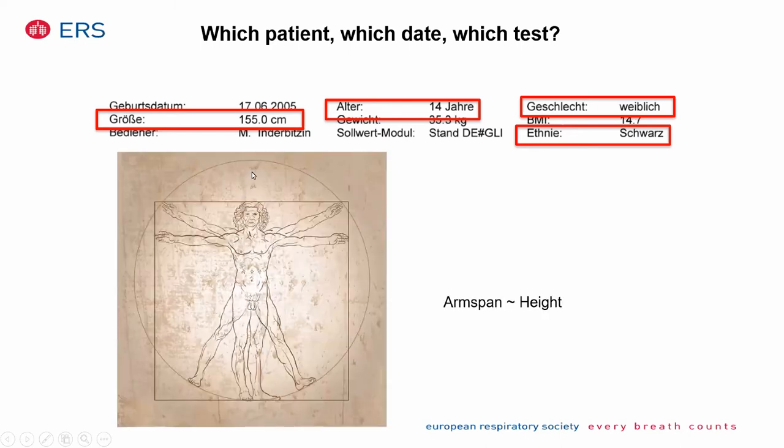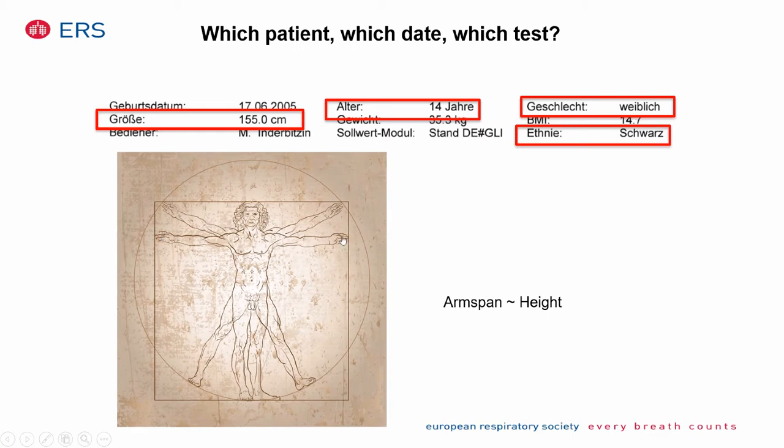If your patient is not able to walk anymore, like in a neuromuscular disease, then it's difficult to use the height because you cannot really have a standing height. What you can then use as a surrogate marker is the arm span, because you see on this picture of Leonardo da Vinci that it is quite similar to the height of the patient.